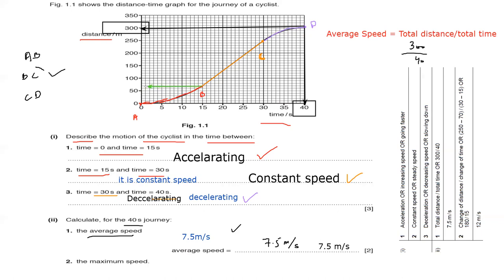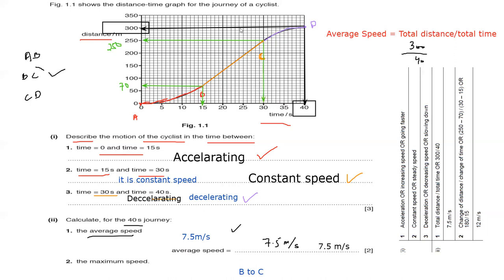So at point B, it is at 70 mark. At point C, it is 250 mark. And the time from B to C, at B it was 15 and C it is 30.